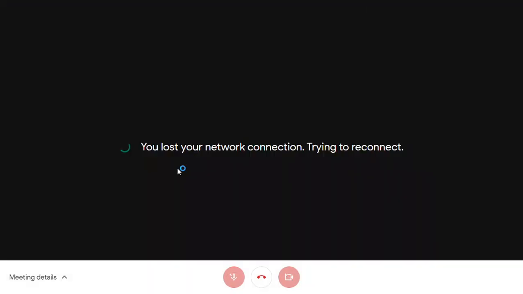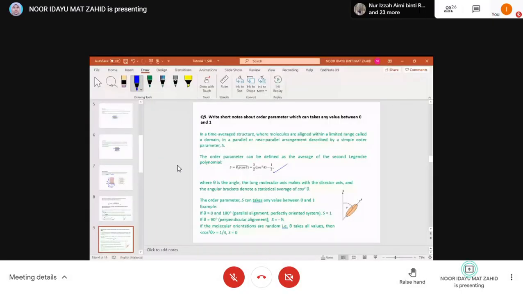Similarly, you can put this condition: the order parameter can take any value, with a perfectly oriented system giving 1. If the angle is 90 degrees, perpendicular alignment, it will give you an order parameter of negative half.